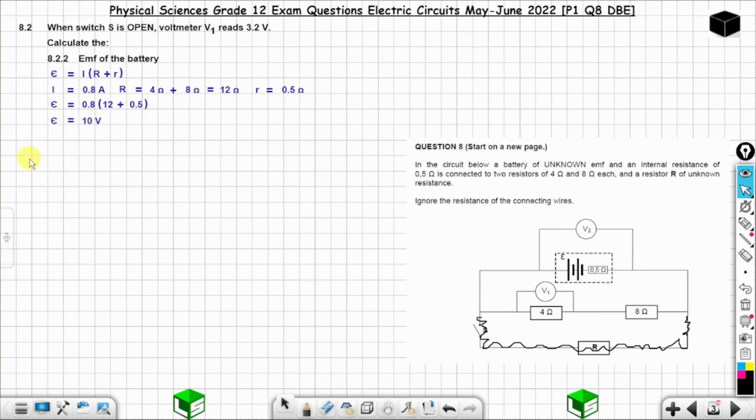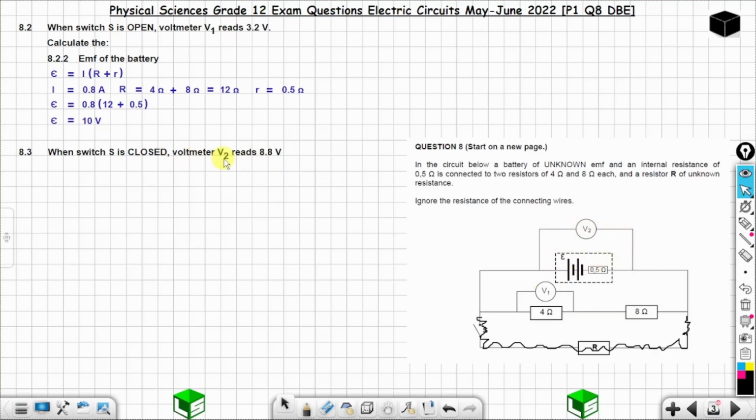Now question 8.3. When switch S is closed, voltmeter V2 reads 8.8 volts. Voltmeter V2 is connected across the battery.